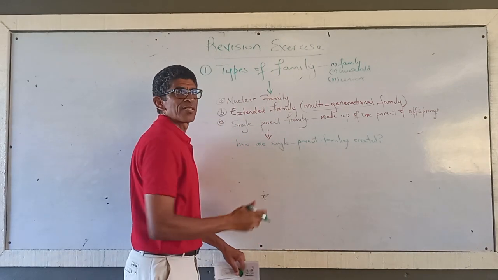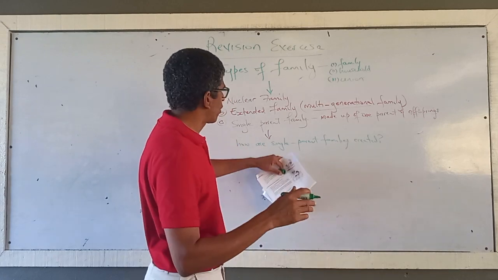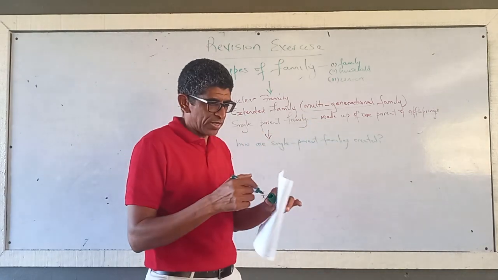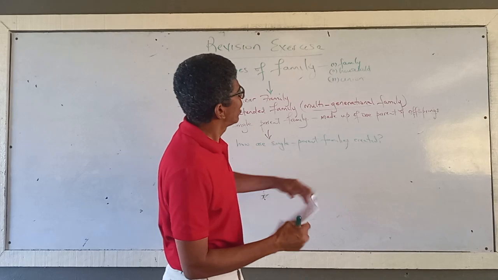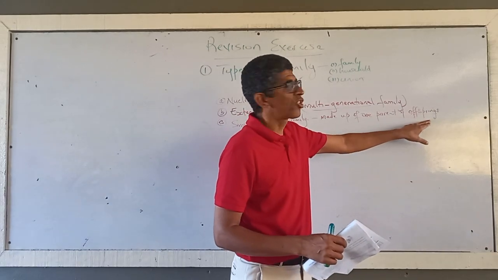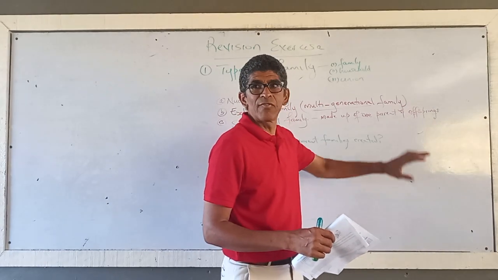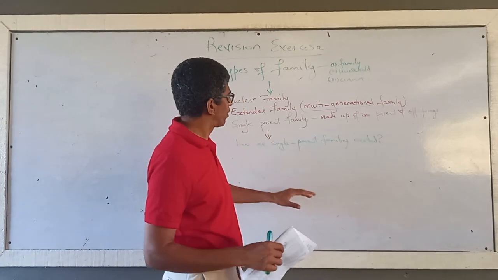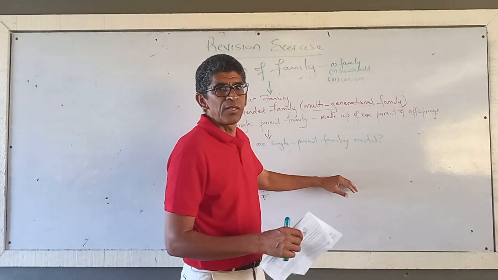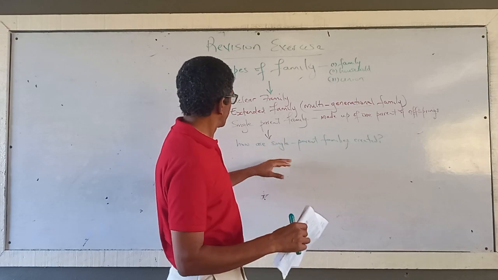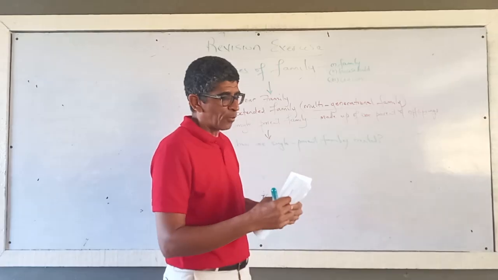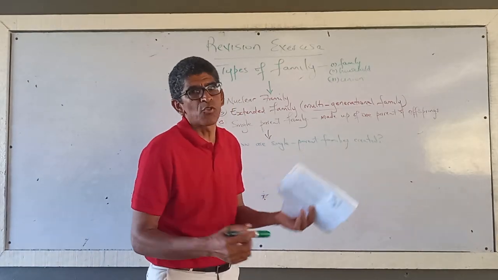Now, what I'm going to put is not the limit to how they are created, because any circumstance that brings about just a parent and his or her children living together and caring for each other, any situation that creates that, would be one of the factors that create a single parent family. But I'm going to look at between 3 and 5.